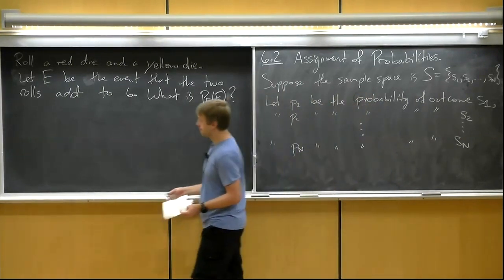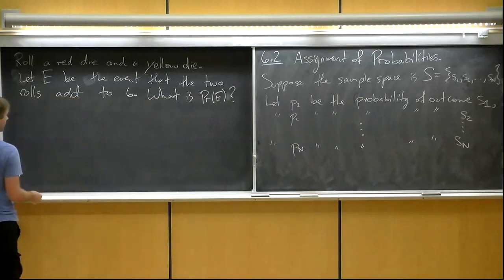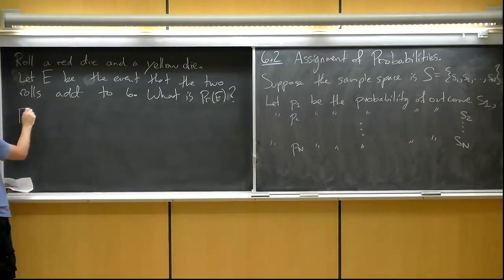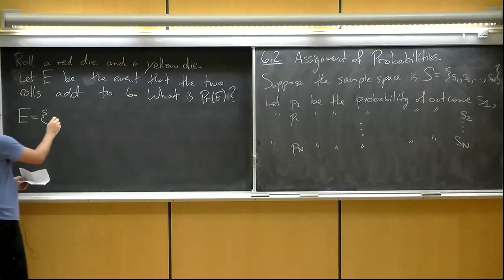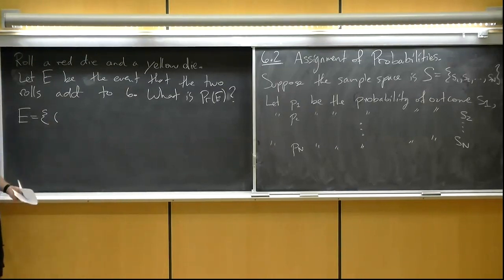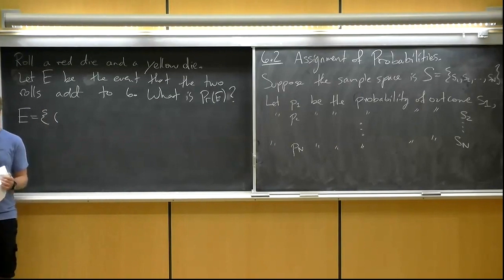Okay. So let's first start by thinking about what is the event E. Like, what are its elements? So to get a 6, you could get a 1 and a 5, right?